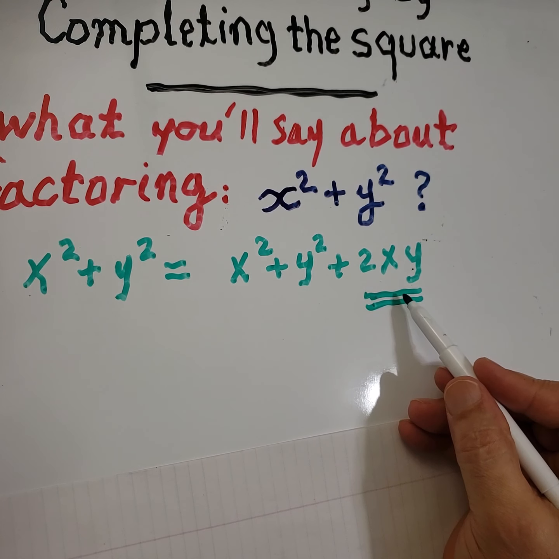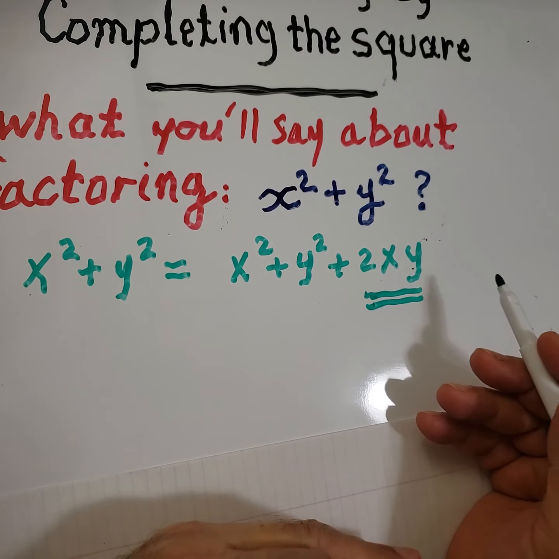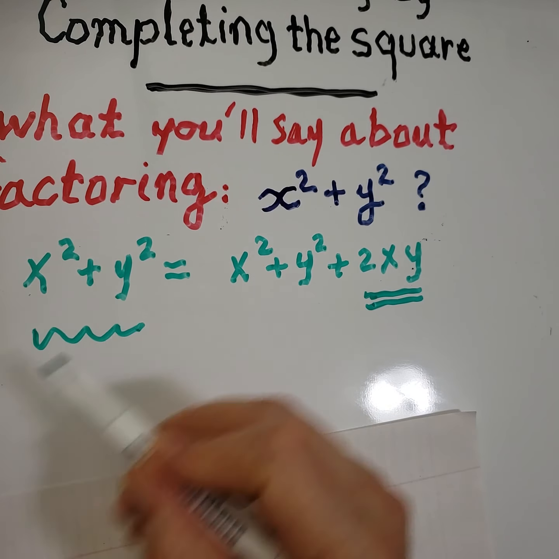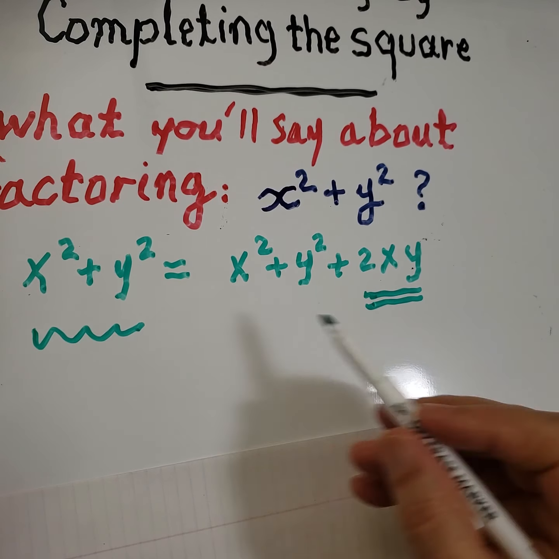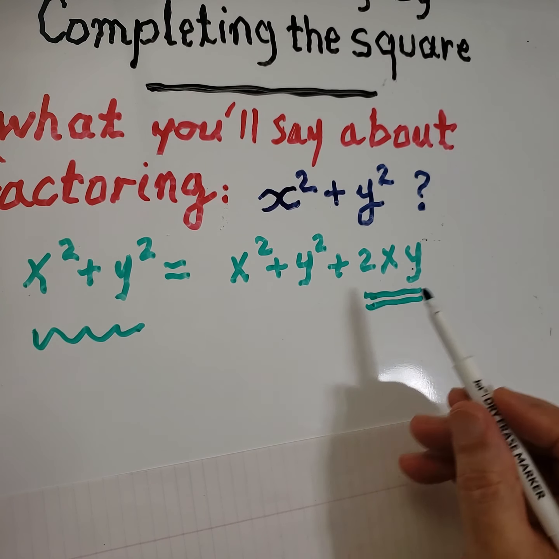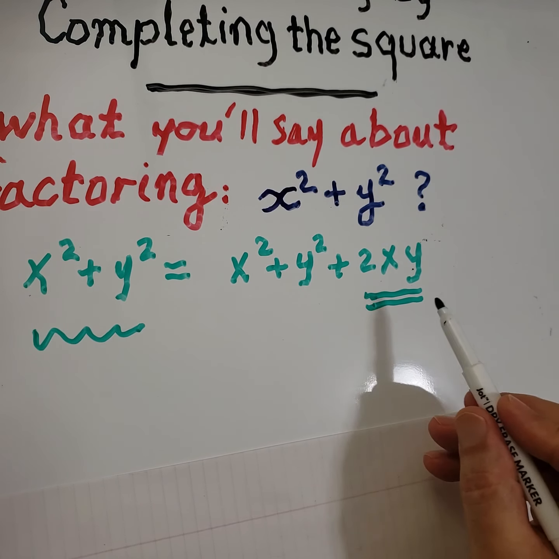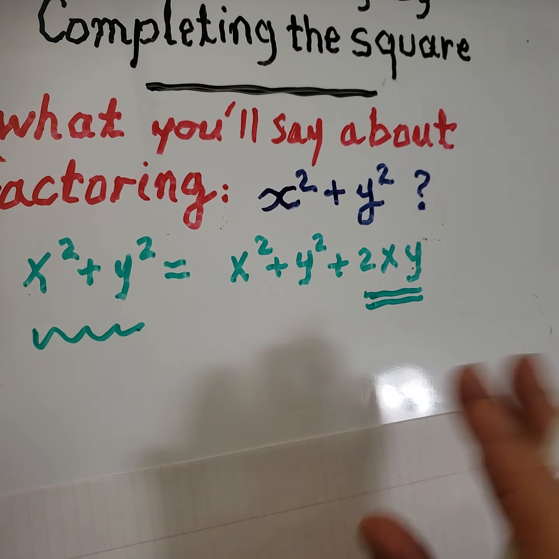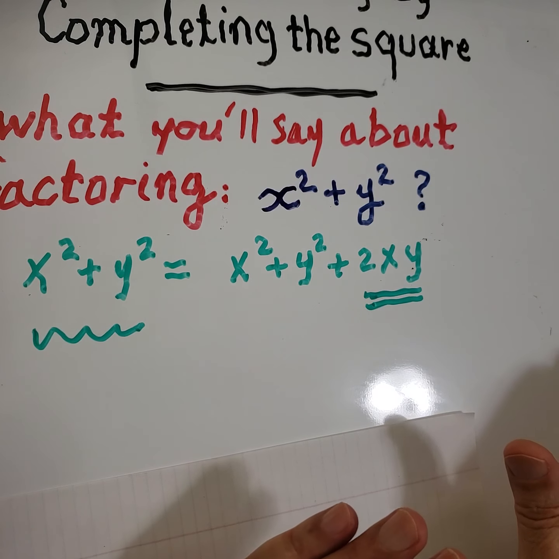When we add something, that means we make a change in the value of the quantity we started with. So is that correct? Yeah, if we add something, we have to subtract it again in order to keep the same value without a change.